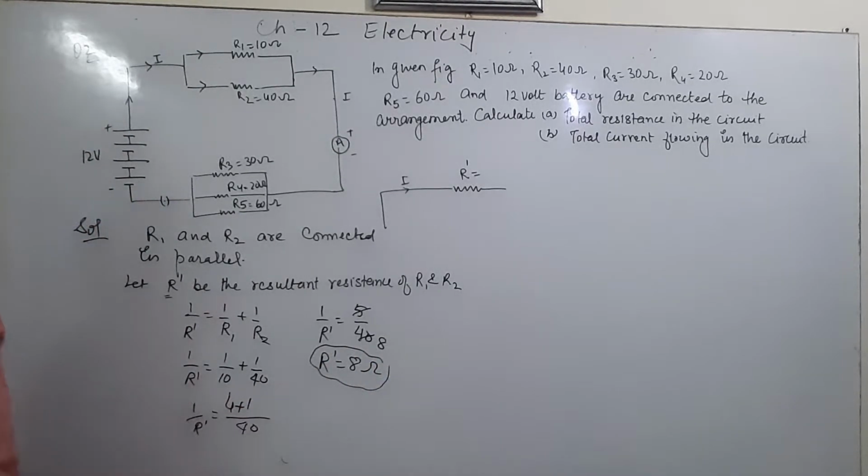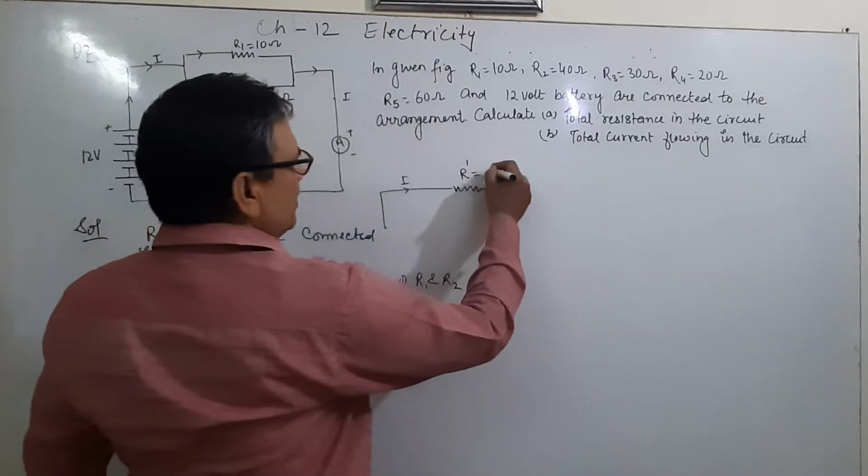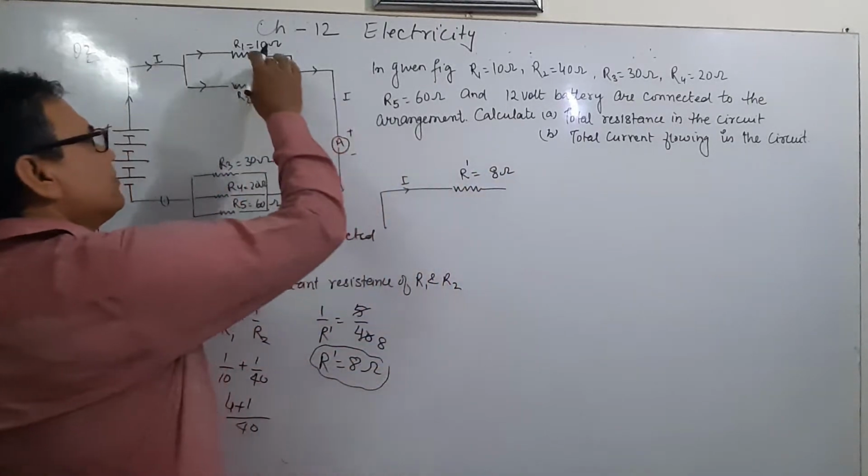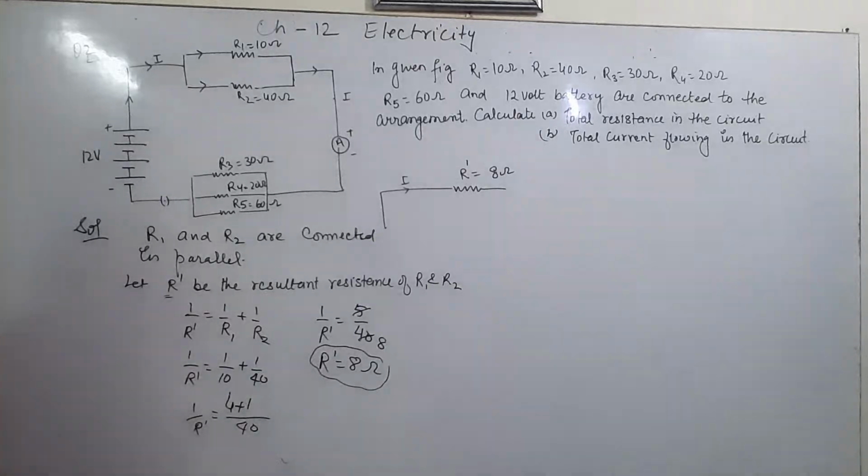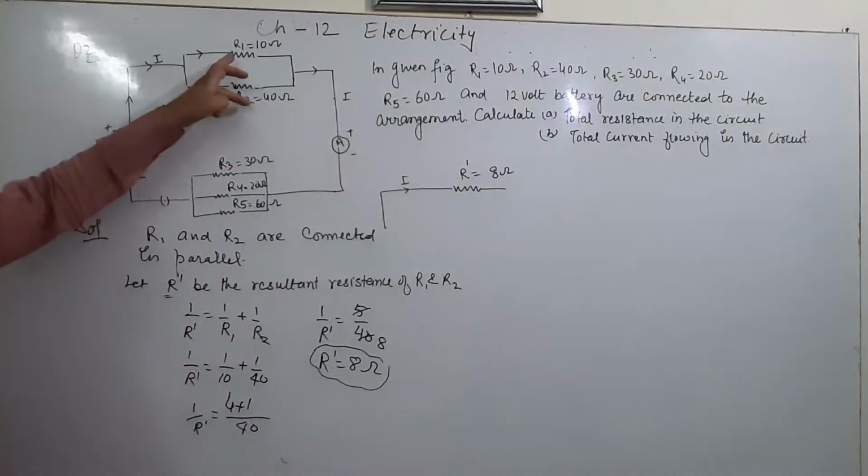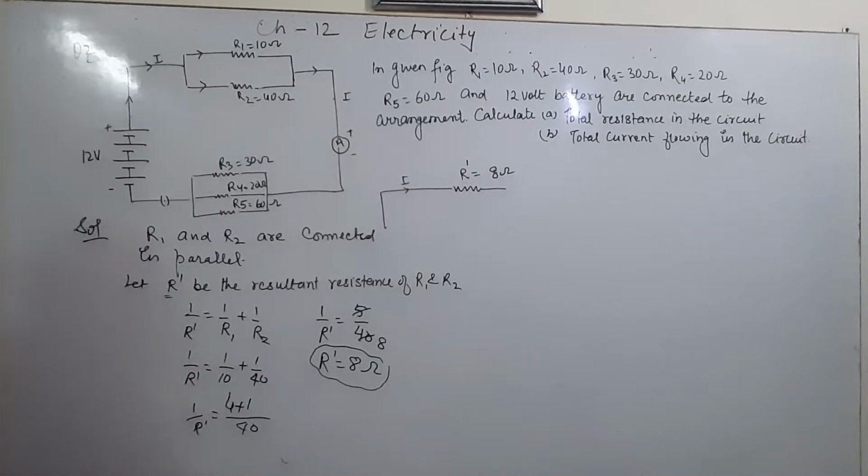It is 8 ohm. It means this R dash is 8 ohm, which is obtained by the resultant of R1 and R2, whereas R1 and R2 are connected in parallel. Then we apply this formula.